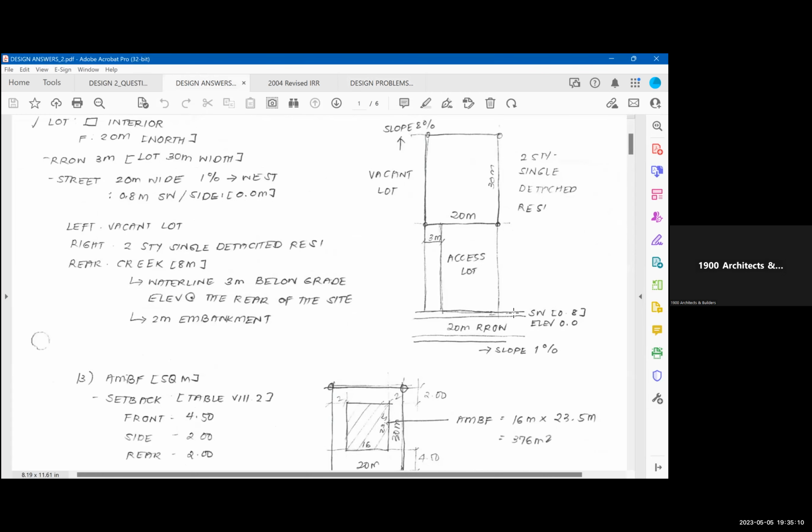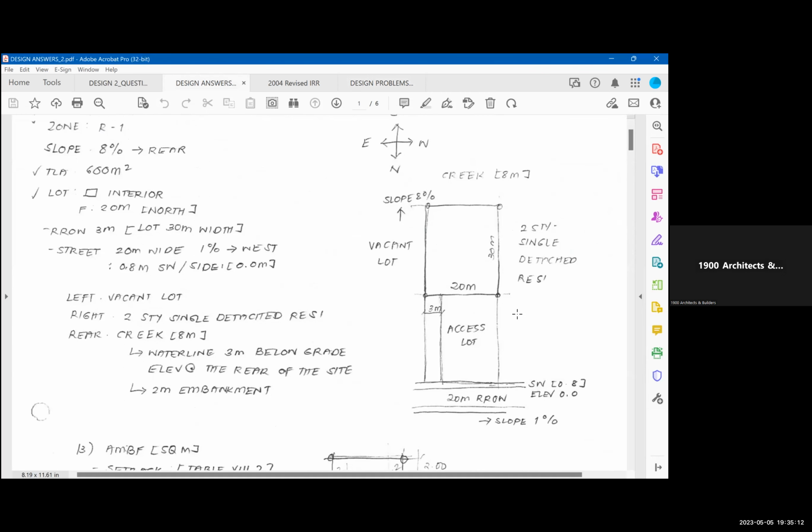May nakasulat dito na may distance siya, di ba? Paano natin kukumpitin? I think nearest downspout sa front ng bahay to the road right of way.